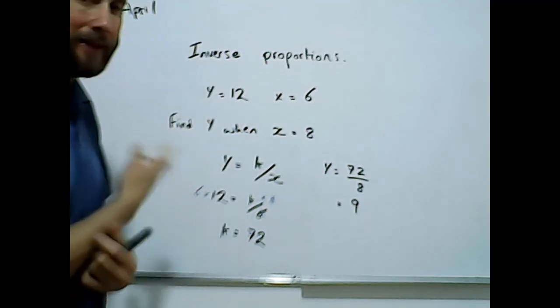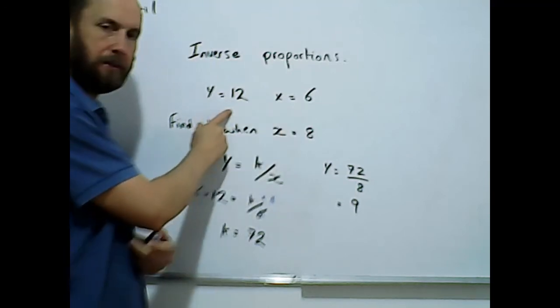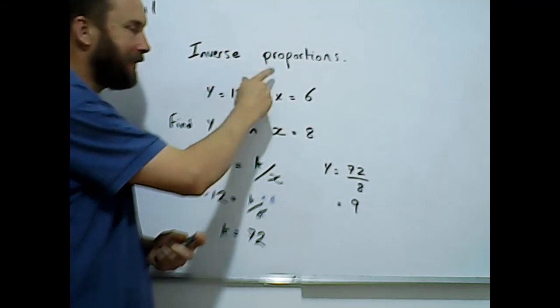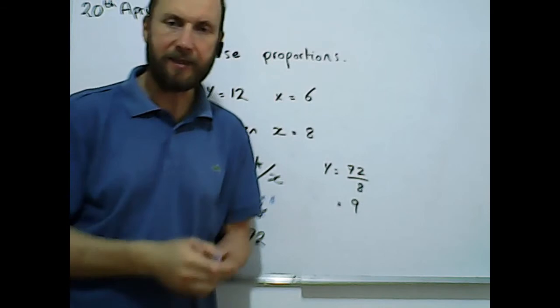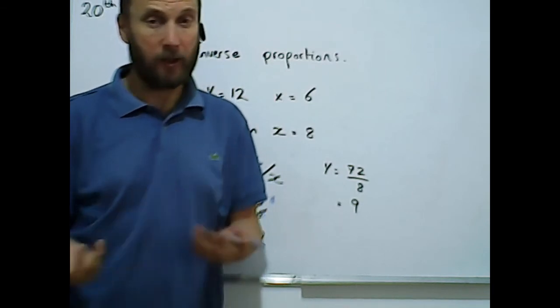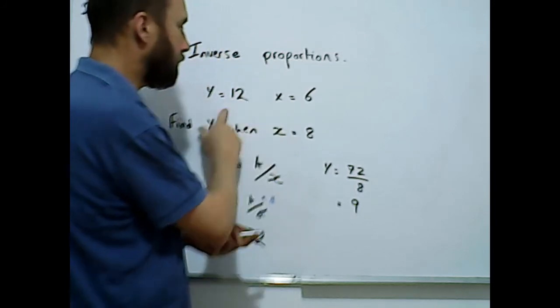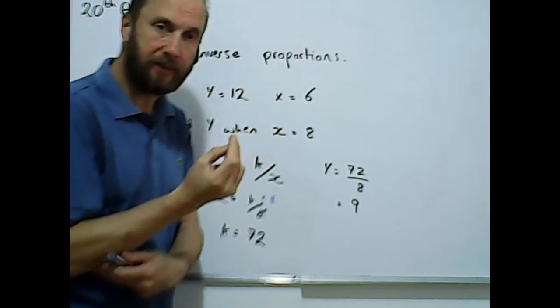But basically with these, generally speaking, you'll be given one set of numbers. The slightly difficult part is where you have to find out whether it's an inverse proportion or a direct proportion. And you do that just by trying it and seeing. If they don't tell you, you will probably be given 2 sets of numbers.